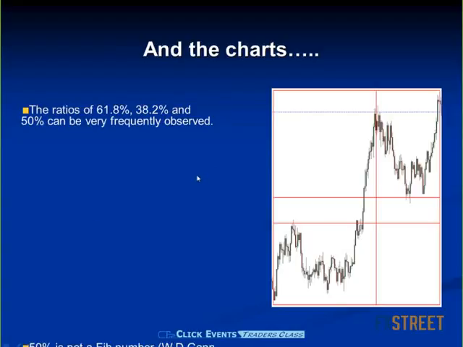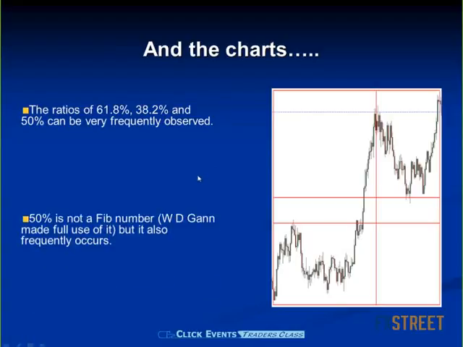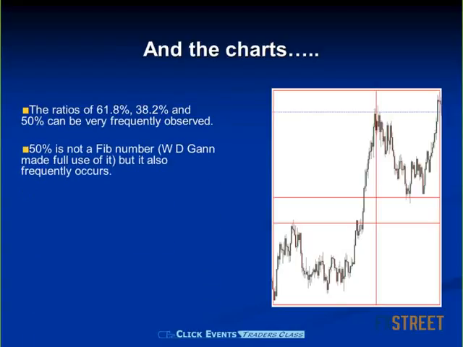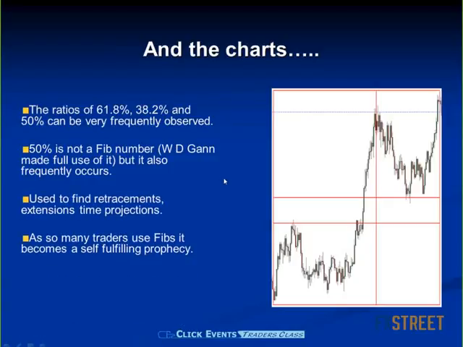And then over a period of time, a number of traders did start to use it, and more and more and more. And there was WD Gann with his 50% retracement. Over a period of time, it became a self-fulfilling prophecy, purely as so many traders use it. And now it is so widely used that any trader who's not using it is really missing a trick.